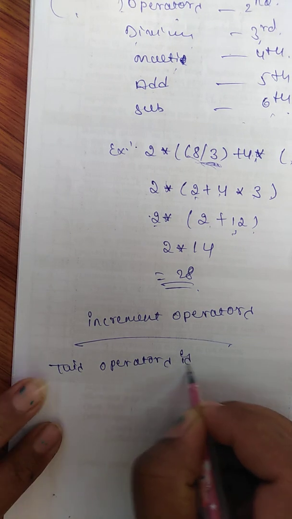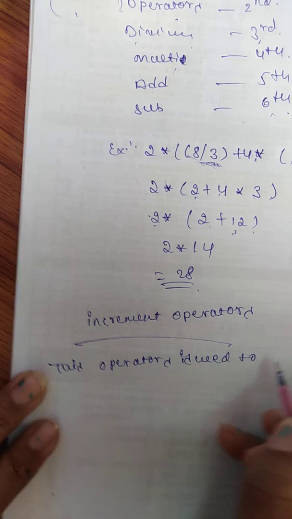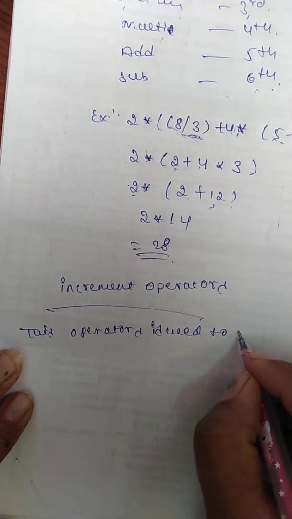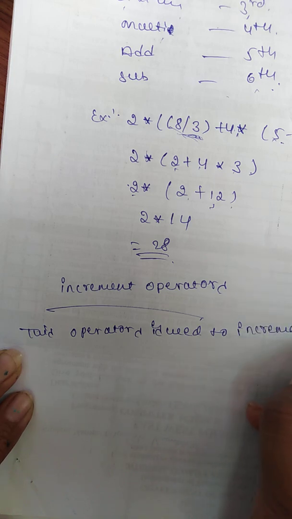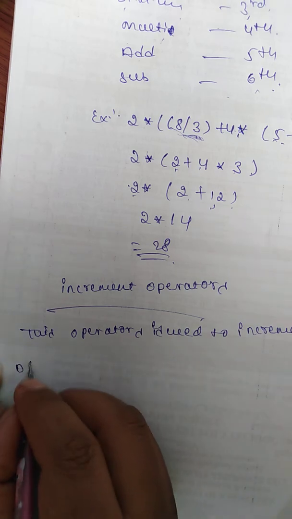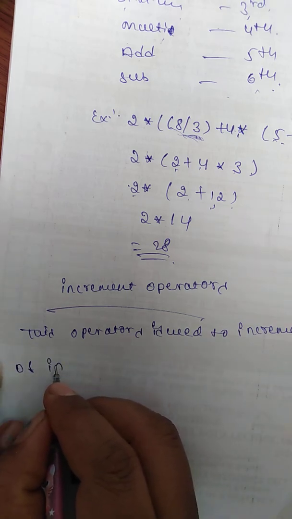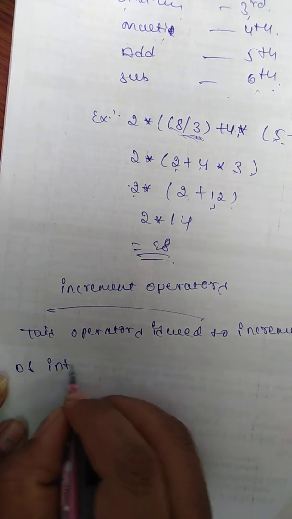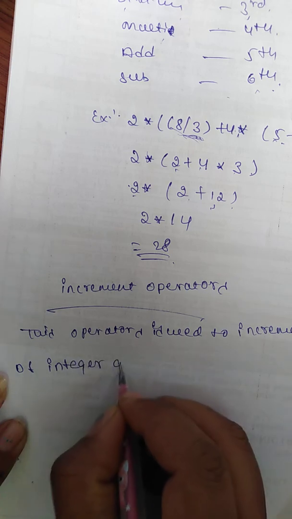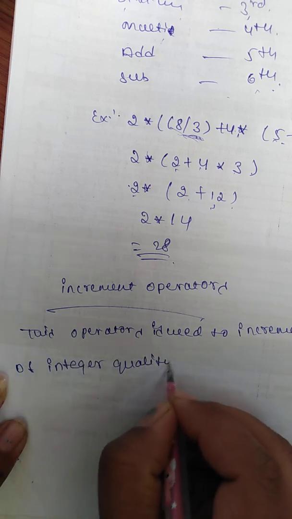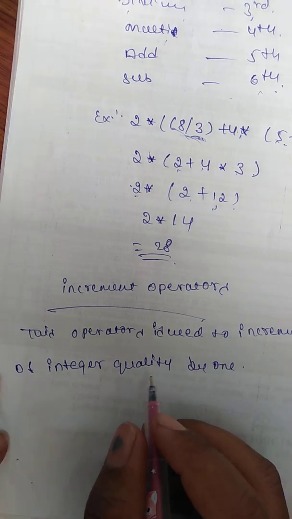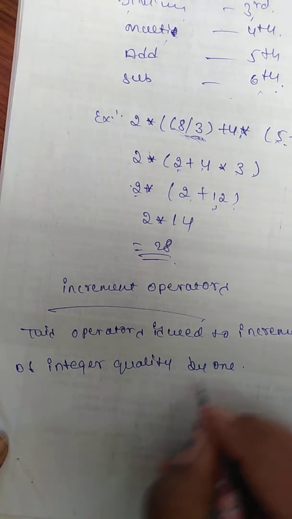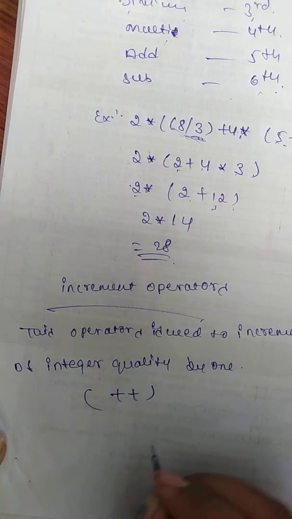This operator is used to increment the value of the integer variable by 1. This is represented by plus plus, or double plus.